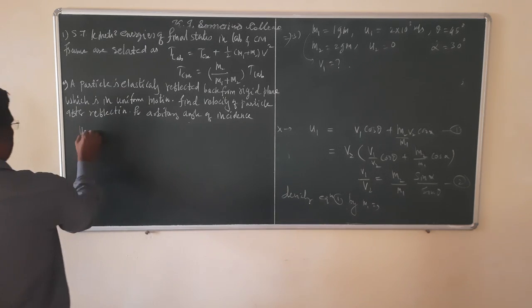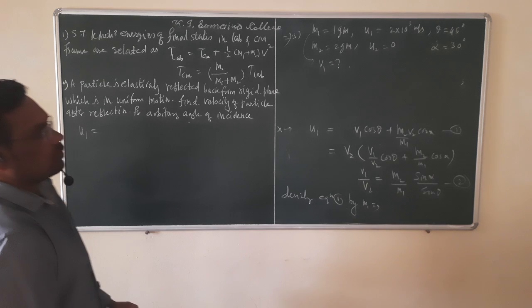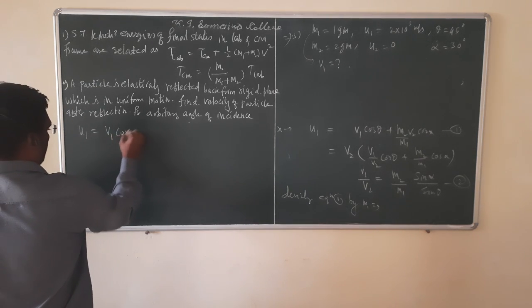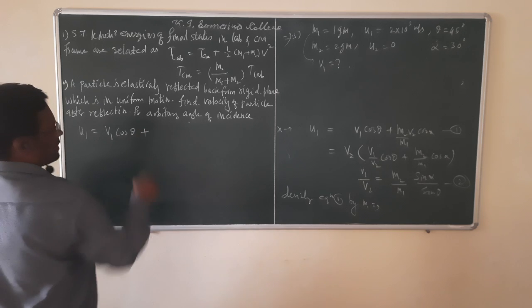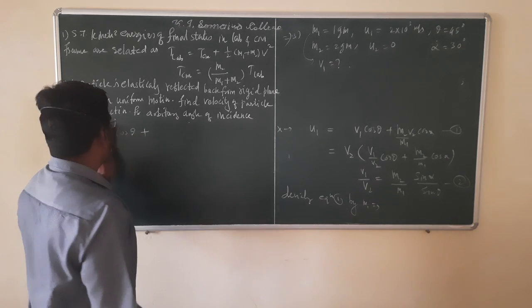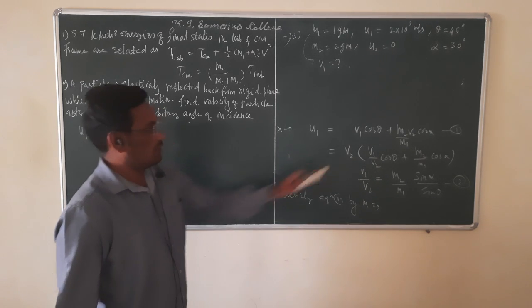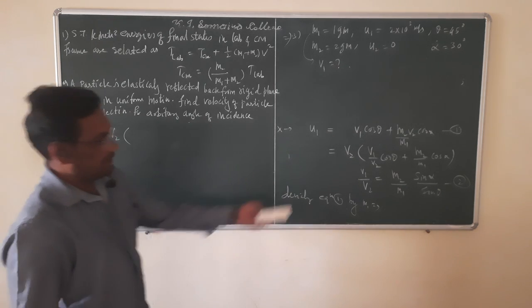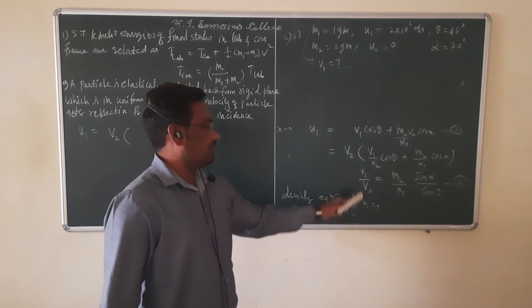u1 is equal to v2 multiplied by v1 upon v2 cos theta plus m2 divided by m1 cos alpha.